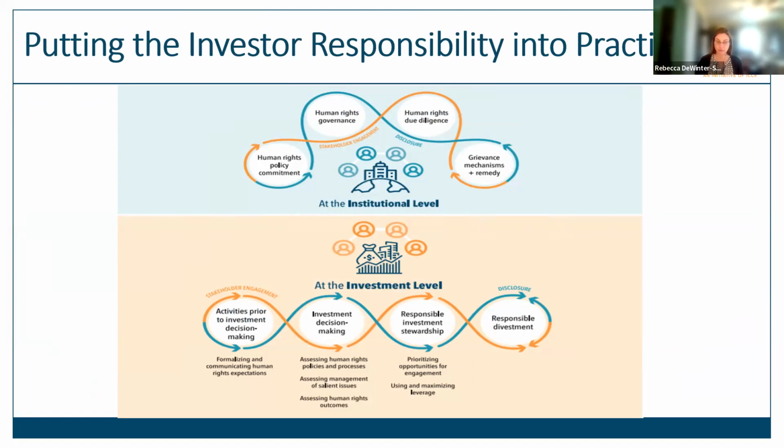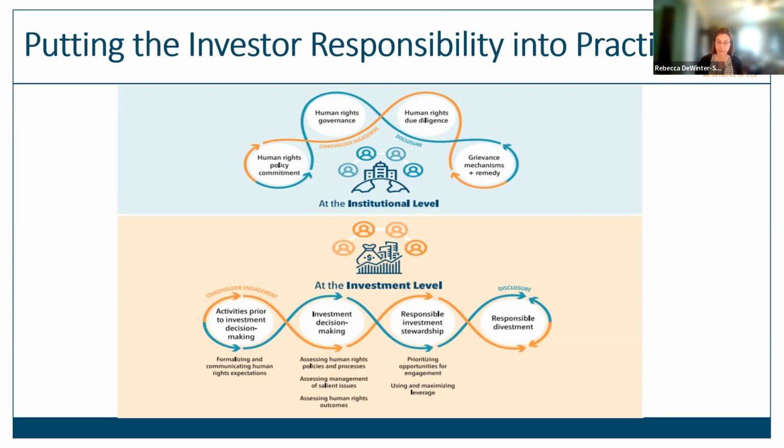At the investment level, the role and responsibility of institutional investors is to assess whether their portfolio companies have robust and effective human rights policies, due diligence processes, and grievance mechanisms in place, and to take meaningful action to address any harms.